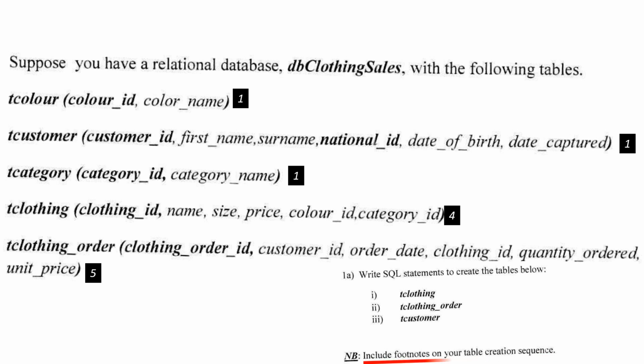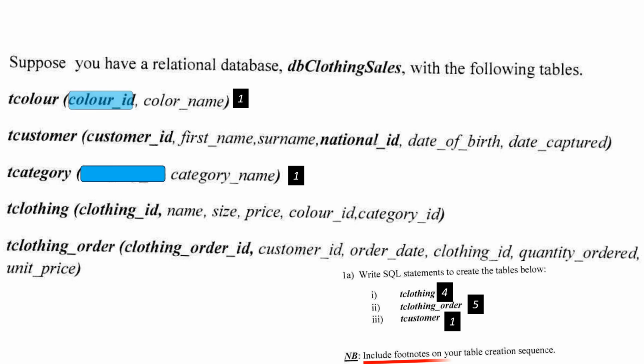So T clothing is number 4. T clothing order is number 5. T customer is that. So T clothing, I will create it after creating T color and T category. So in your footnotes, you are now specifying this.